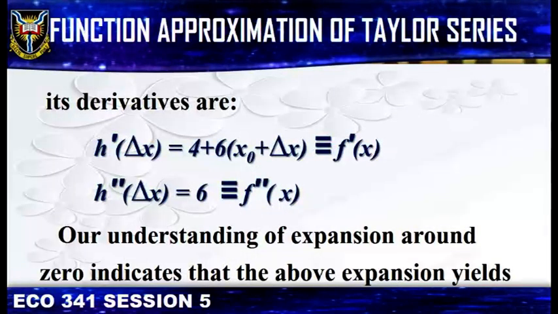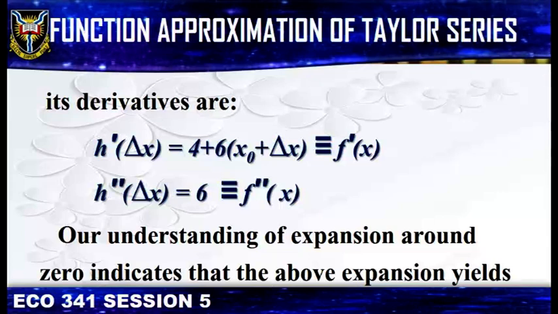Its derivative, h prime of dx, is equal to 4 plus 6 into bracket x naught plus dx, equivalent to f prime of x. h double prime of dx is equal to 6, equivalent to f double prime of x.